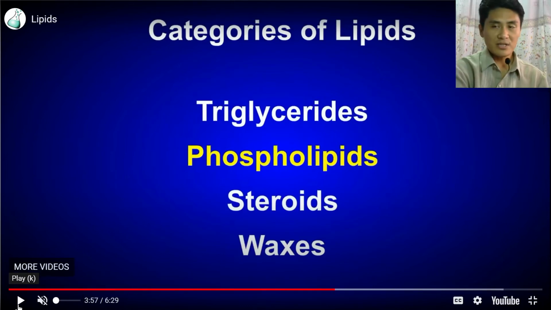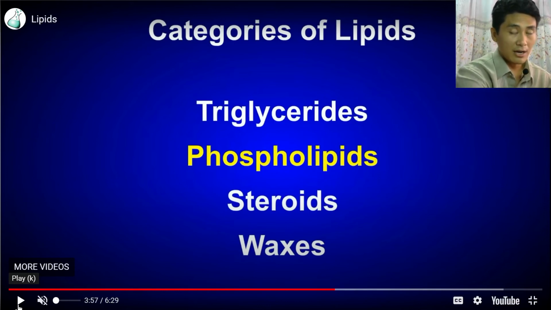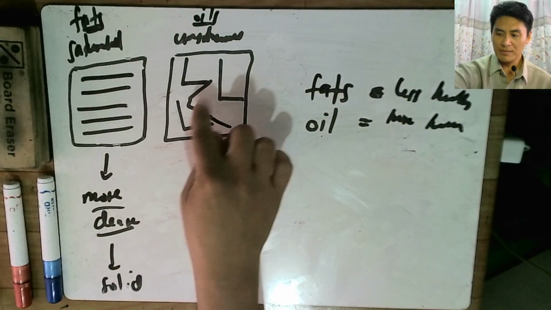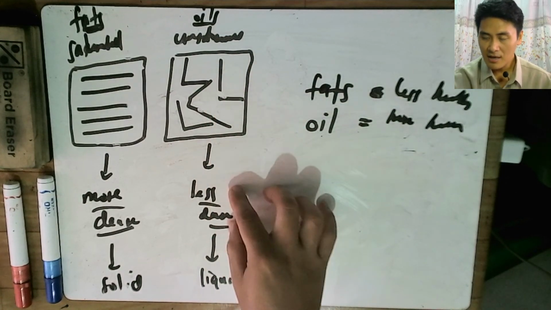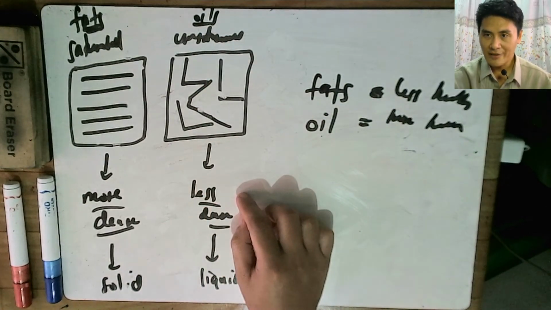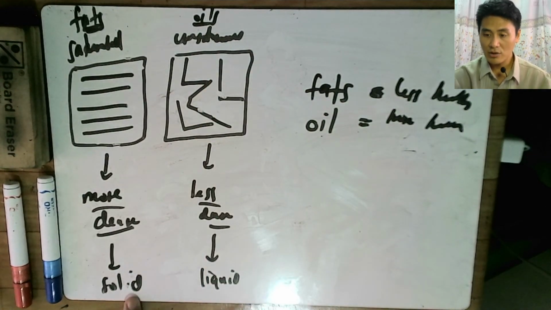Now the next topic is the phospholipid. So I will stop here because this has been so long already. But what I would want to emphasize is this idea that again, the fatty acids could be saturated and unsaturated. And depending on whether it's saturated or unsaturated, you could have a case where the particle has bends, and that bend dictates the density and could dictate whether something is liquid or solid.